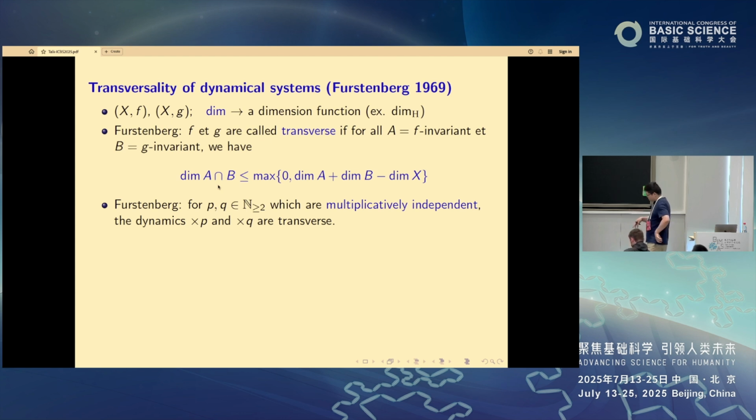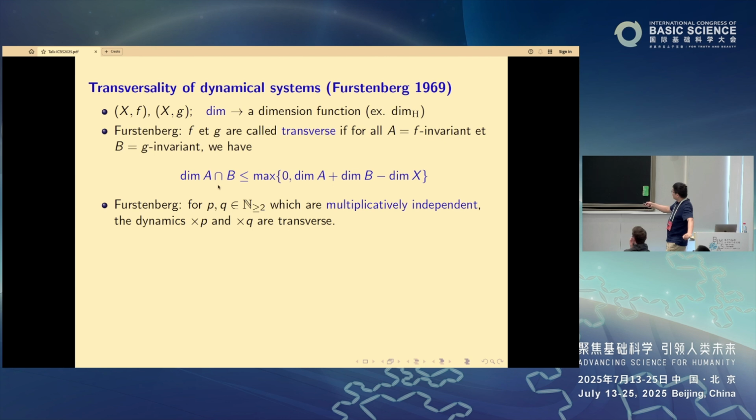So it is the dimension that the intersection would have when these two sets are in generic position. That's the generic bound for two sets.